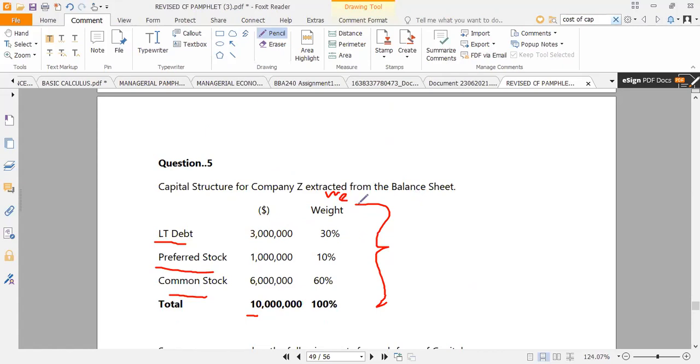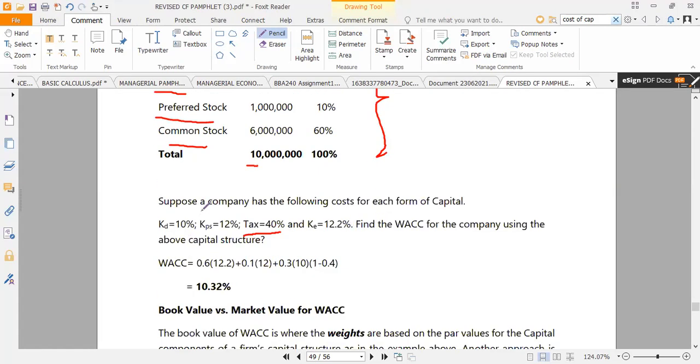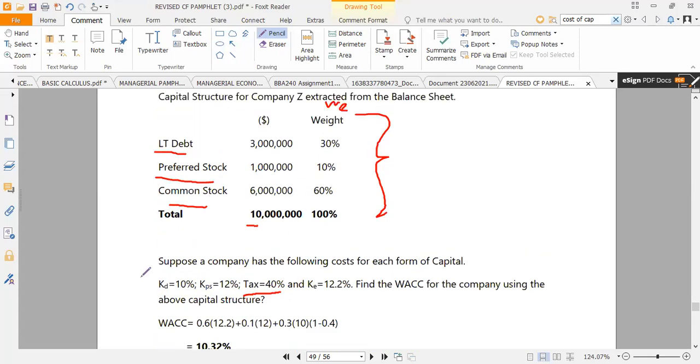Now, from the other capital structure, we had our debt as what? 10%. We'll multiply this one by 0.6, which gives 6%, because of the tax shield. When you subtract 0.4 from 1, we remain with 6%.